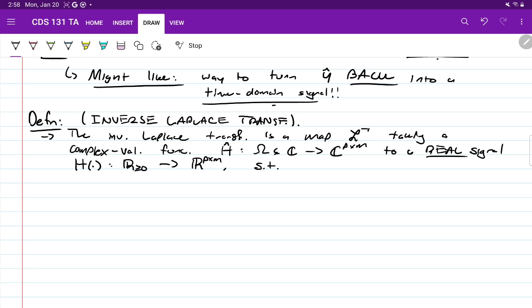And this needs to satisfy the following: L of h of s is equal to h hat of s. This holds for all s in omega. So my inverse Laplace transform simply takes me from this complex frequency domain signal into a time domain signal, which under the Laplace transform gives me back my original frequency domain signal.